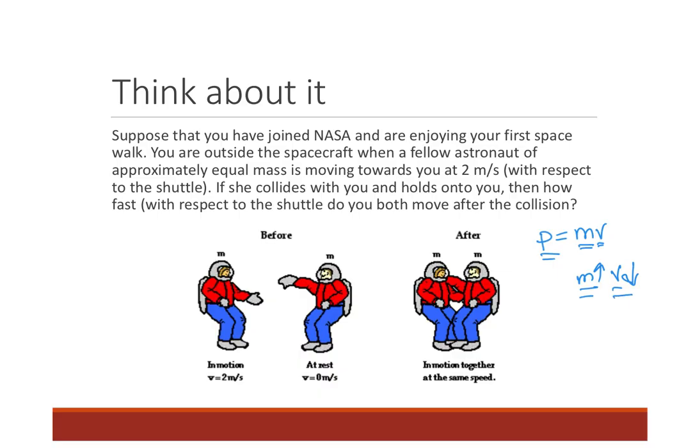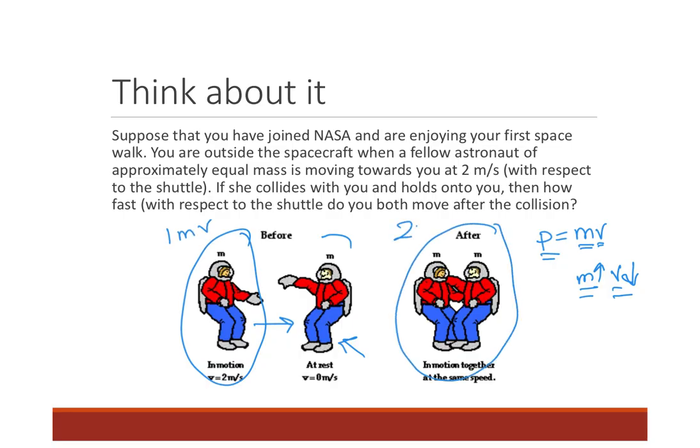It's an inverse relationship. You can imagine this by a situation where someone is an astronaut floating in space, and another astronaut collides with them, and if the astronauts weigh basically the same amount of mass, then you go from a momentum of one mass times a velocity to a two mass times a velocity situation.